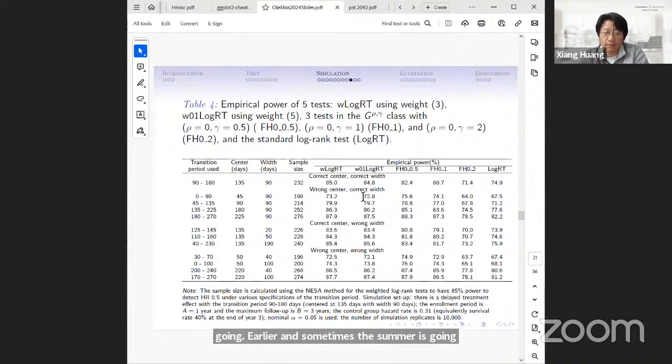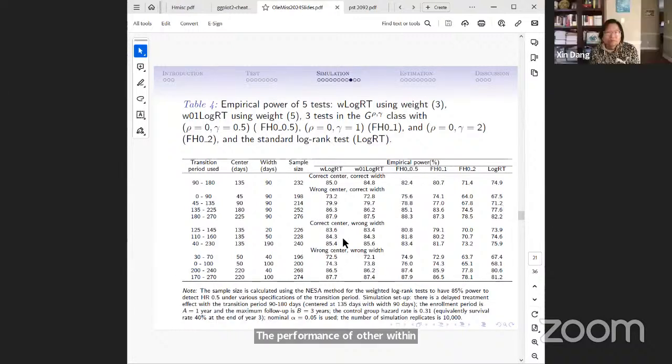So there will be either power loss or power gain in those simulation studies. And we also listed the performance of other weighted log-rank tests.